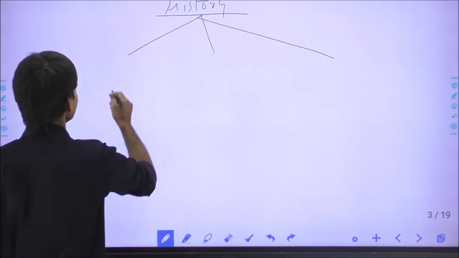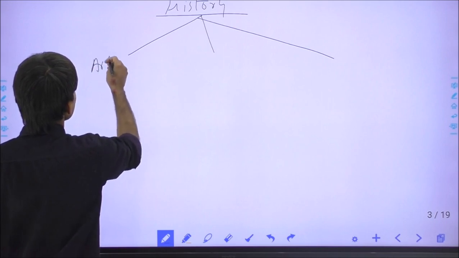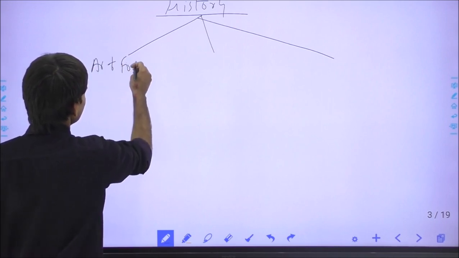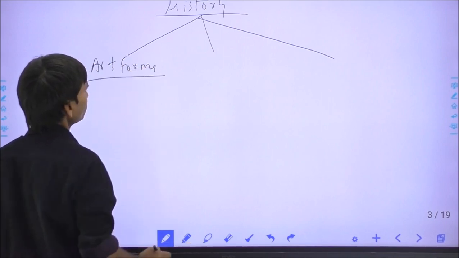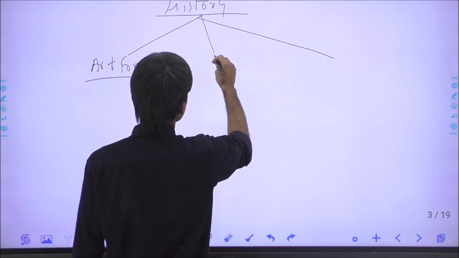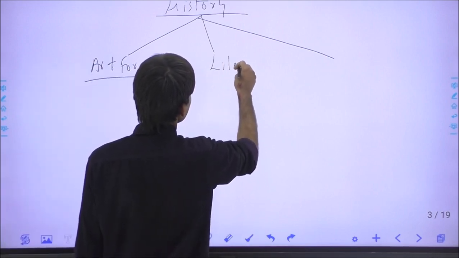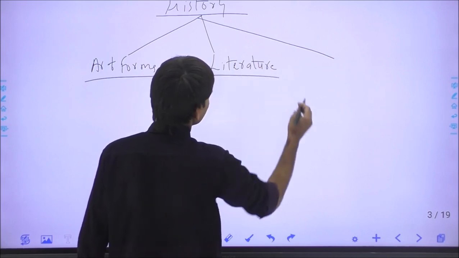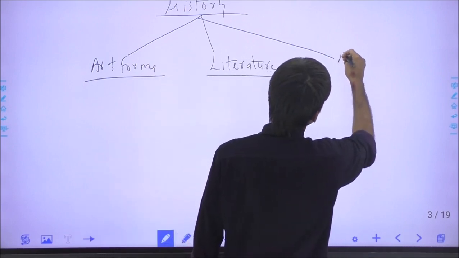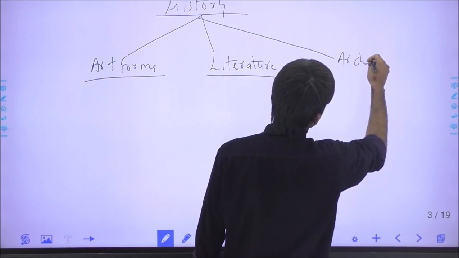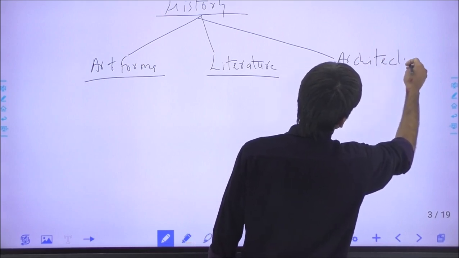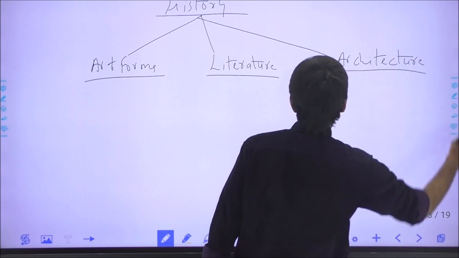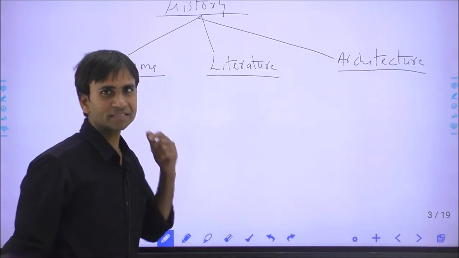One is the art forms, second is the literature, or third is the development of architecture. So how can we prepare these topics?